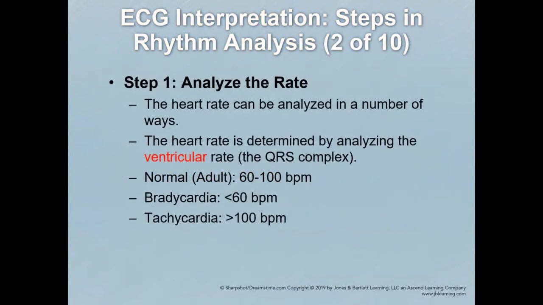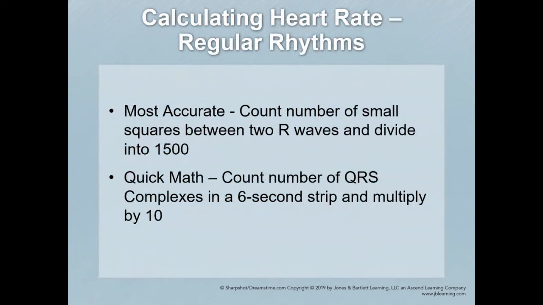So you have to analyze the rate. All right, analyzing the heart rate can be done in a couple of different ways. We're going to talk about 2. The first way we would do it, paramedic math in the pre-hospital setting, is you count the number of QRS complexes you have. Okay, that's quick math. The number of QRS complexes in a 6-second strip multiplied by 10 gives you an average heart rate.